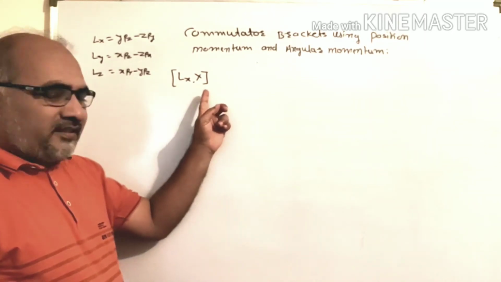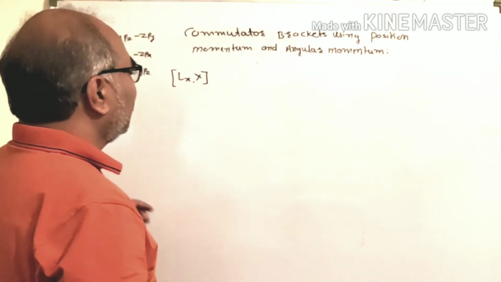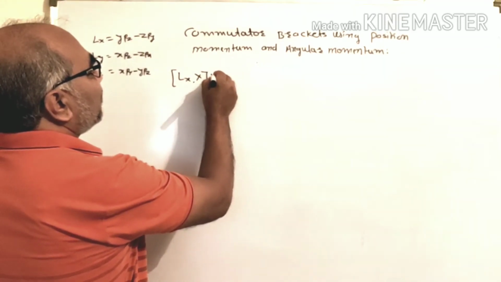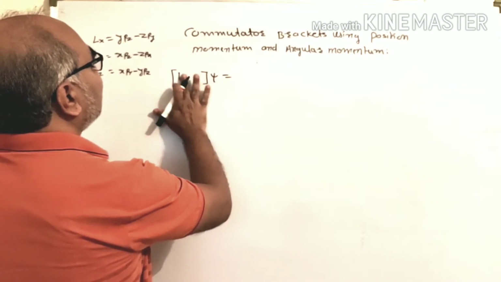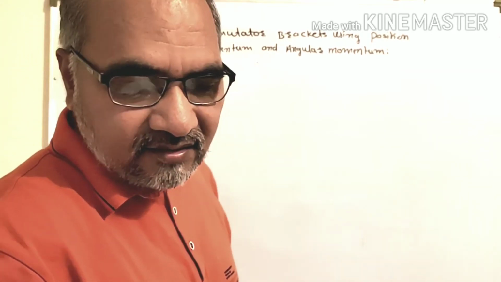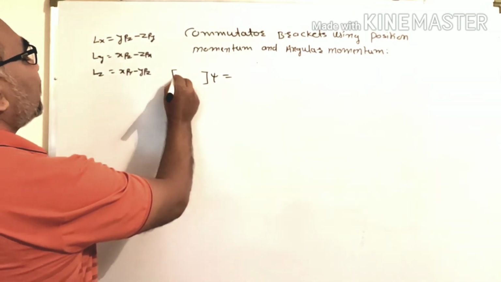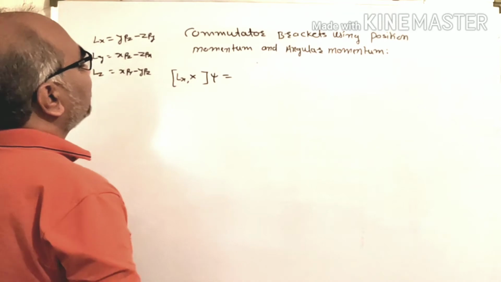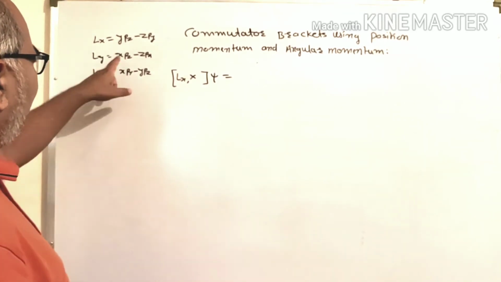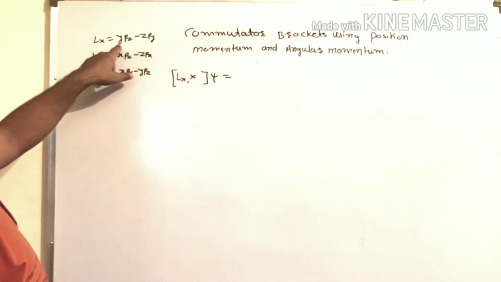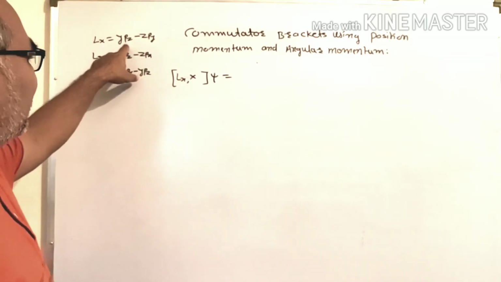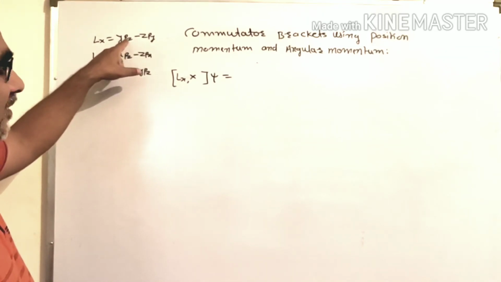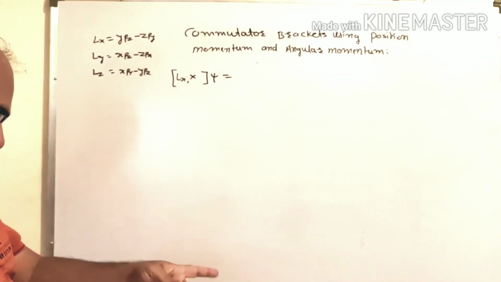Unless it acts on some wave function it has no meaning, so we act on psi: x Lx psi. Now Lx is equal to y pz minus z py, and we know pz is minus i h cross del by del z.